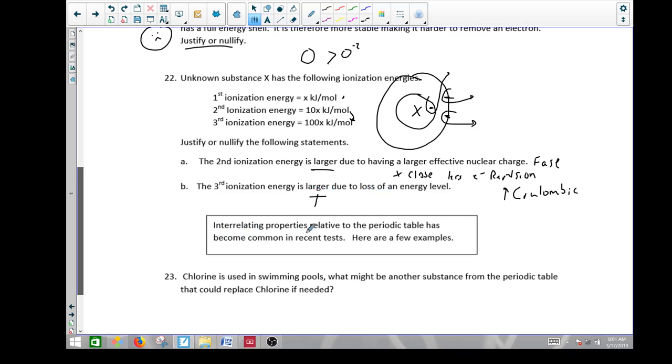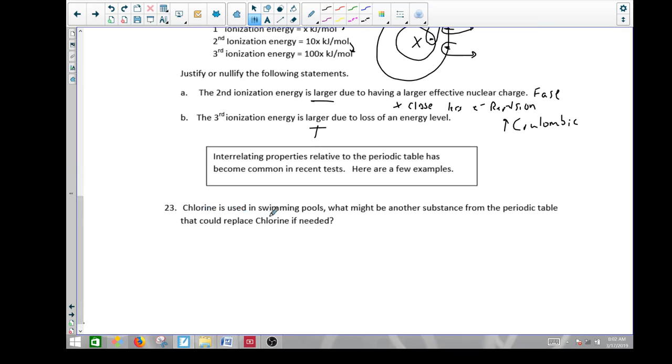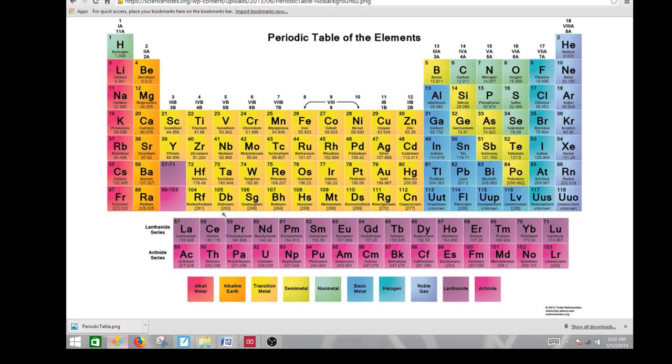Interrelating properties relative to the periodic table has become common in recent tests. Here are a few examples. Chlorine is used in swimming pools. What might be another substance from the periodic table that could replace chlorine if needed? Well, what you want to do for something like this is simply go to the periodic table and say, okay, here's chlorine. Really, anything in this family could work. So bromine, iodine technically could work.